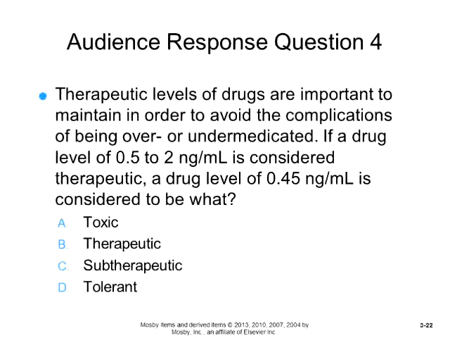So if a drug level of 0.5 to 2 mg per ml is considered therapeutic, a drug level of 0.45 mg per ml is considered to be what? A, B, C, or D? It is C, subtherapeutic, because it hasn't reached the 0.5, right?